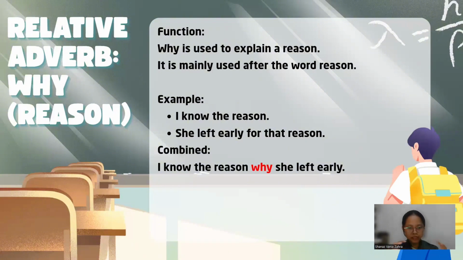Instead, we replace it with "why", which directly introduces the explanation. So in the sentence, I know the reason why she left early, "why she left early" explains the reason clearly and makes the sentence more natural and concise.